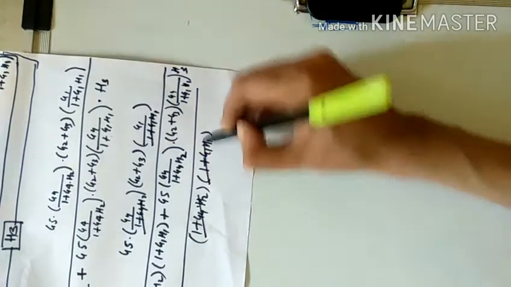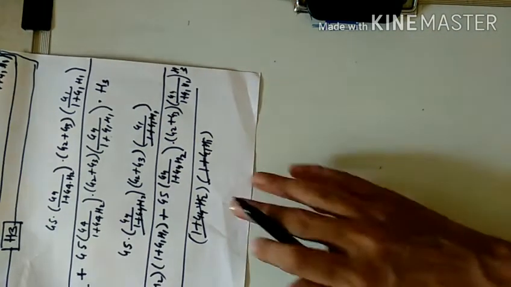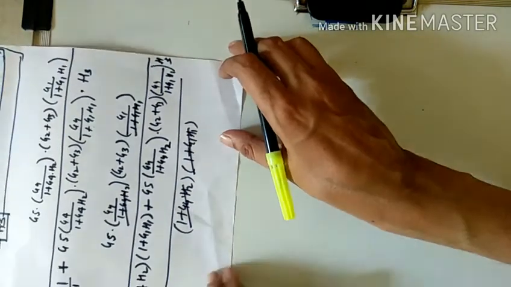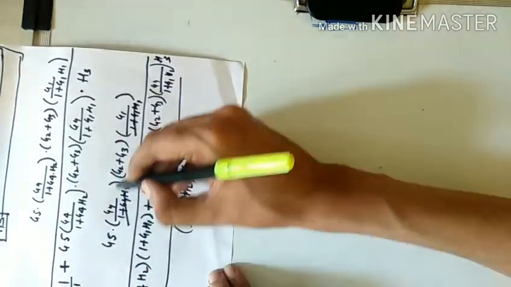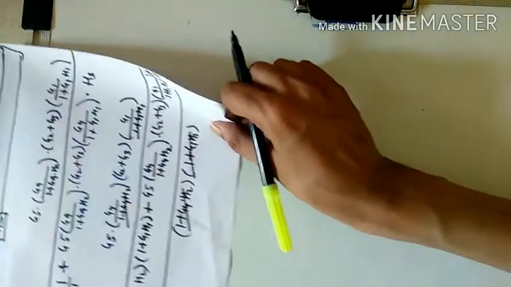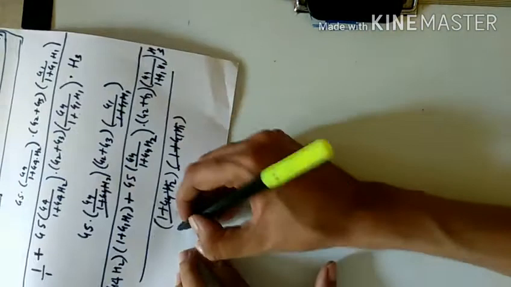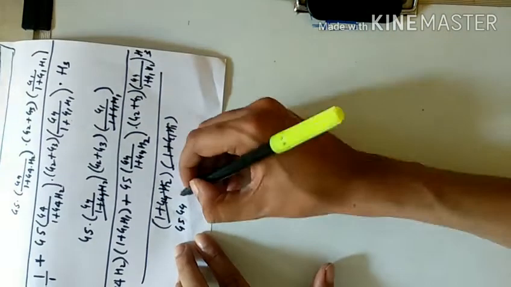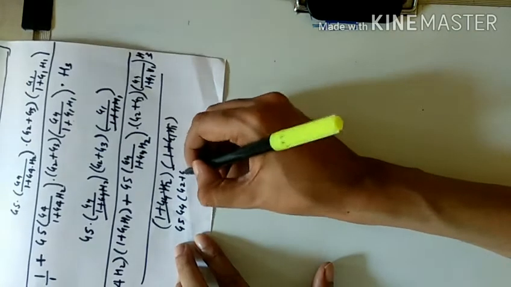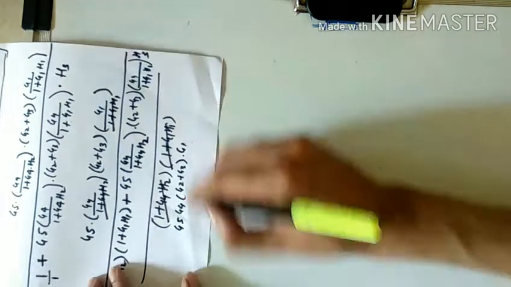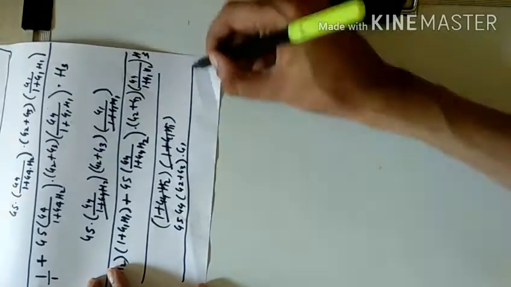Now this and this and this cancel out. Finally what do we get? Final G5 G4 bracket G2 plus G3 bracket G1. So we will write down this G5 G4 bracket G2 plus G3 bracket G1. This is the numerator part, and the denominator part is what?